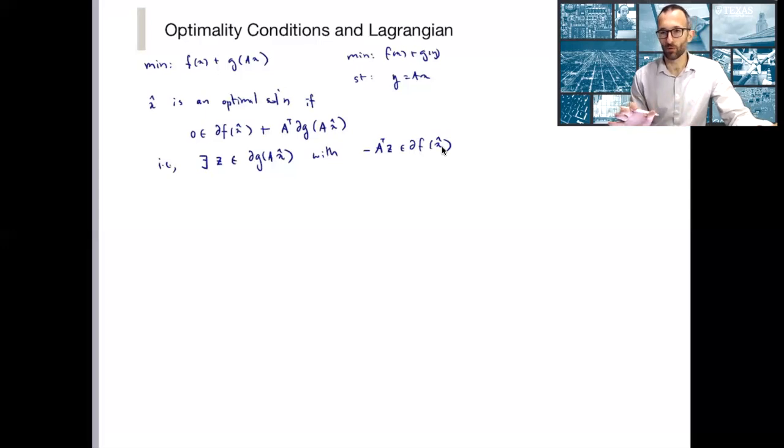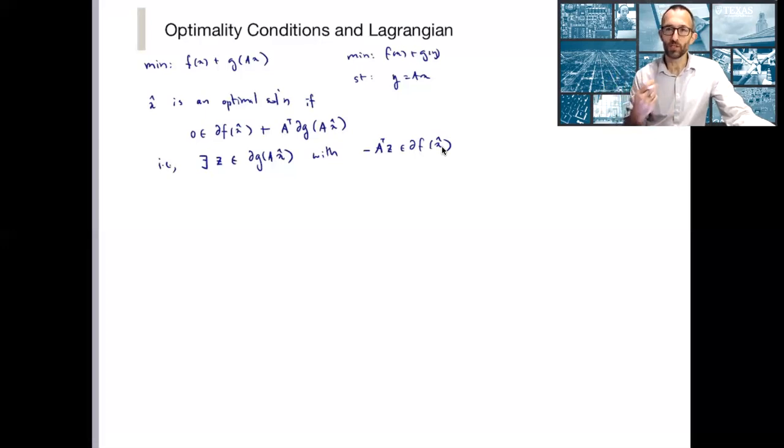Again, it's very simple. This is one of the first things we did when we were talking about optimality conditions. But this is something that is used a lot in convex analysis and convex optimization. And it's important to get used to thinking about that, and it's emphasized even more by looking at optimization in the dual, because now elements of the subdifferential are essentially variables of our dual problem.